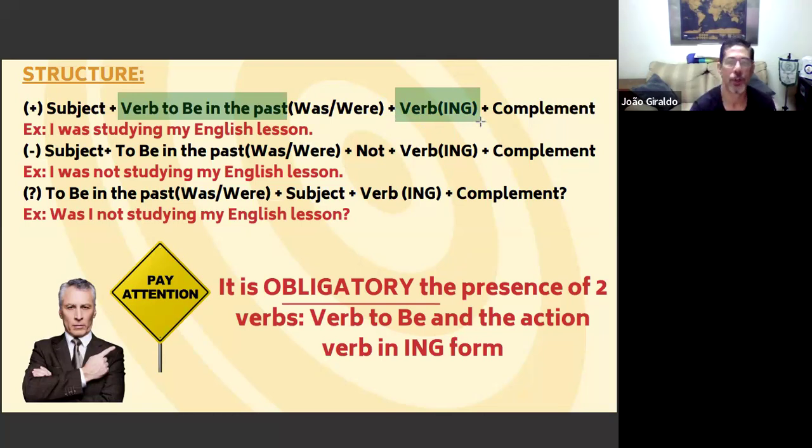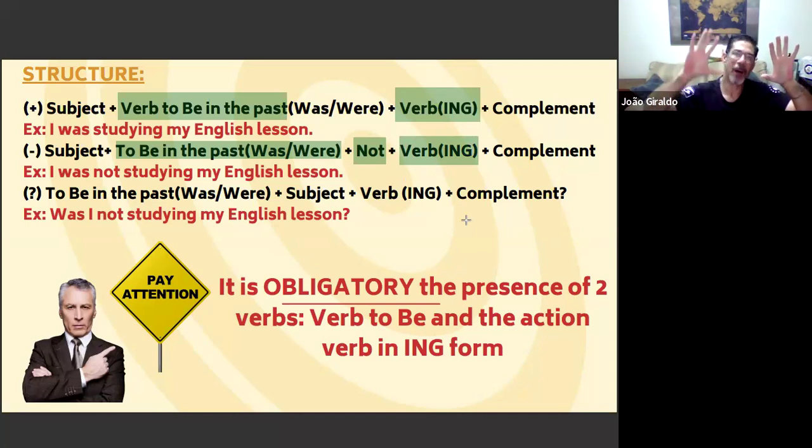This is your structure in affirmative. In negative, again, you maintain the verb to be in the past, was or were, and in addition, you use not, obviously, because your sentence is negative, and you maintain your verb in ing form, in the gerund. No transformation of the verb, no return to infinitive form. When you have verb to be and a verb in ing, you maintain the structure.